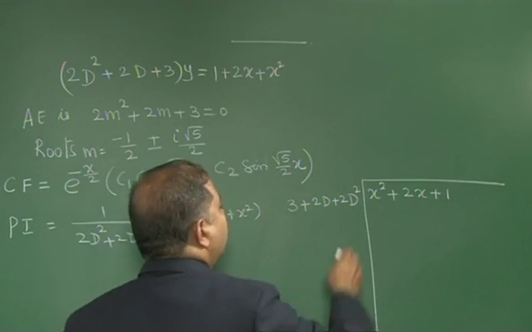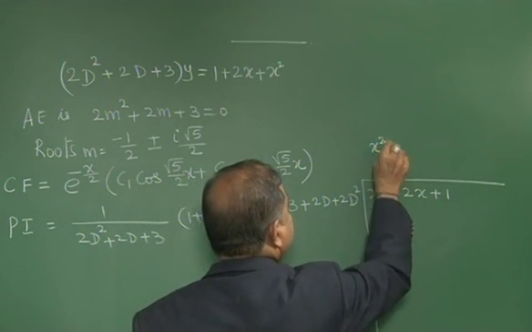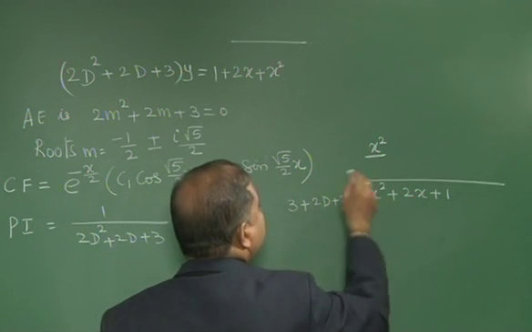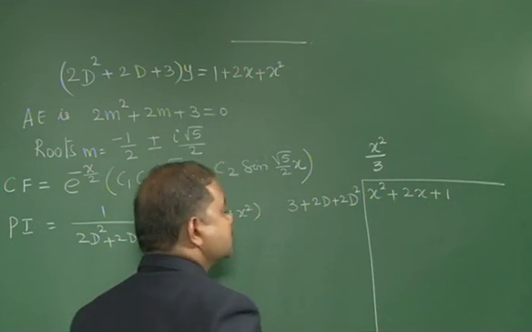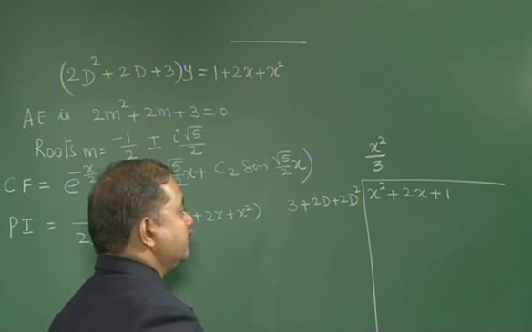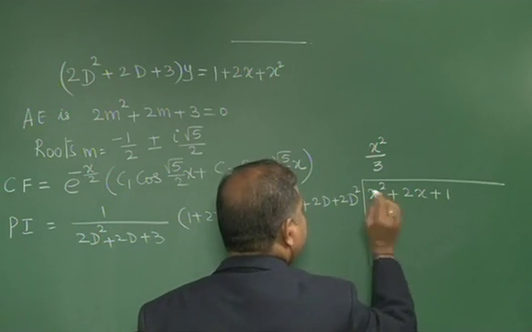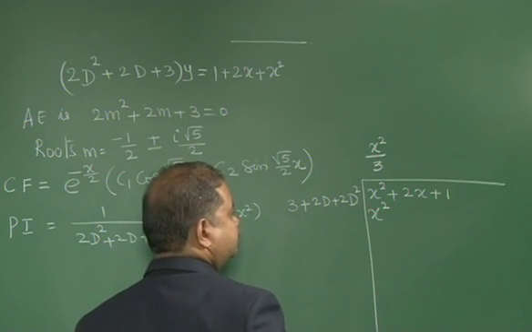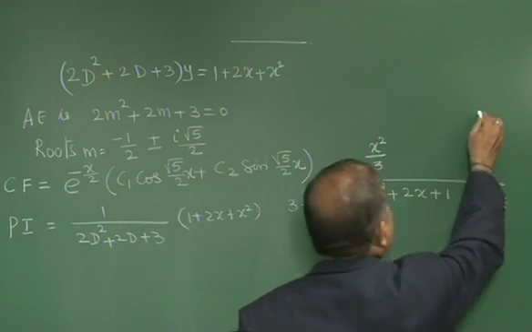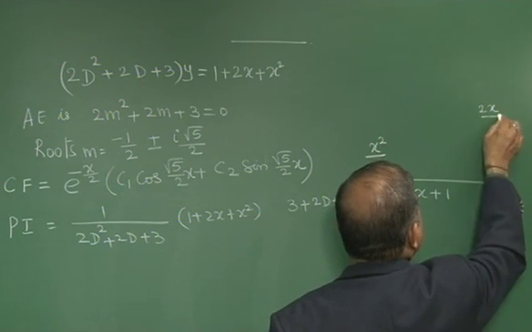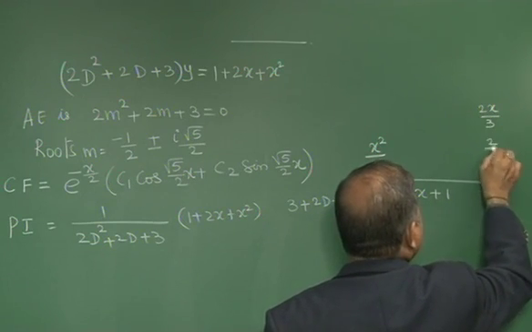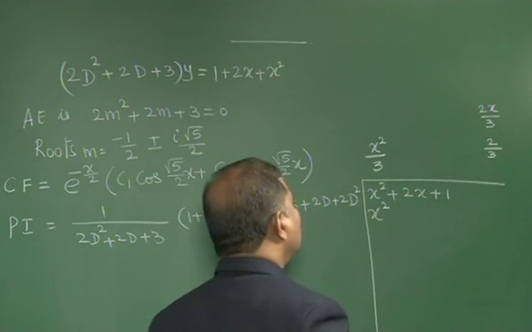What I told: write this x square as it is, divide by this coefficient, x square by 3, multiply by 3. Here only, if you write 2x by 3, then the second derivative is 2 by 3.